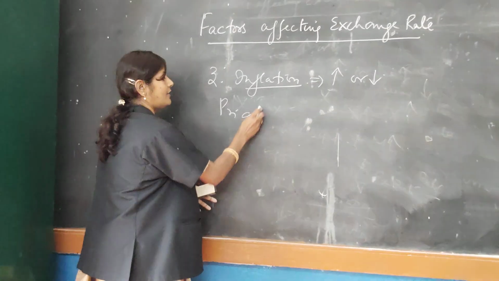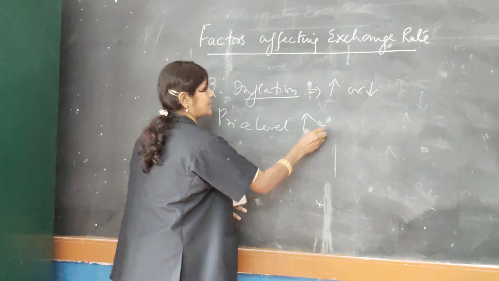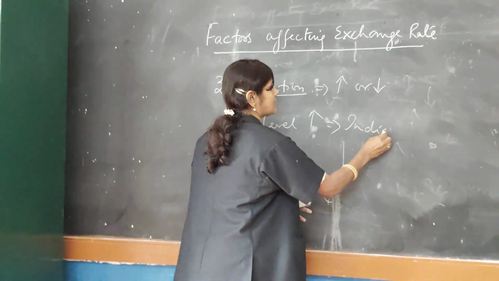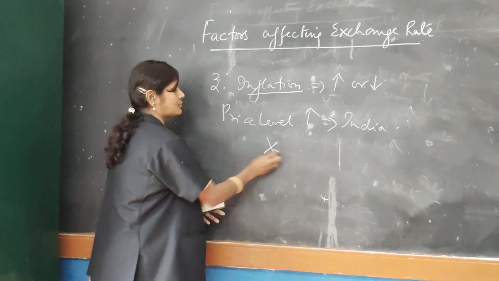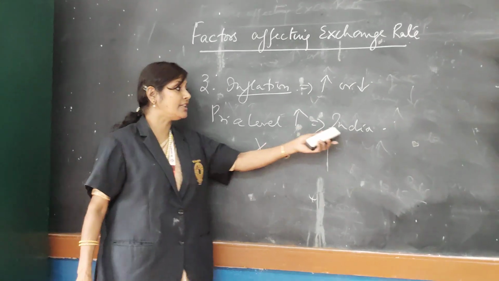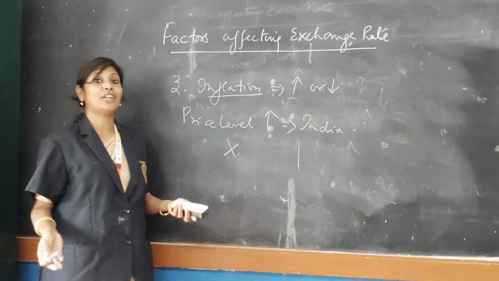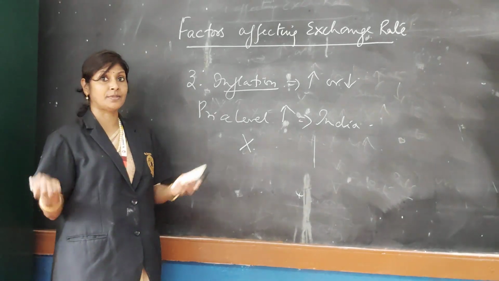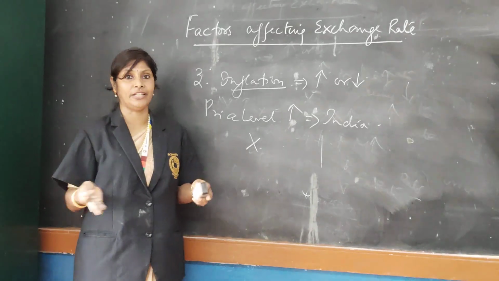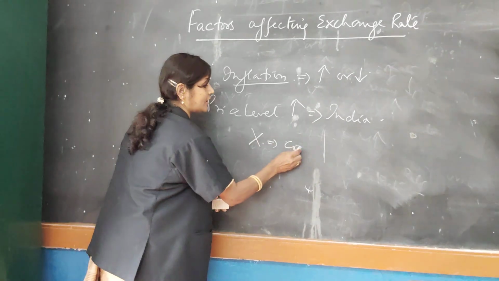When the price level increases in the domestic country, say in India, what will happen to the export and import? When the price level in India increases, people will try to buy more imported goods. That will become much cheaper, and the export will become costly.